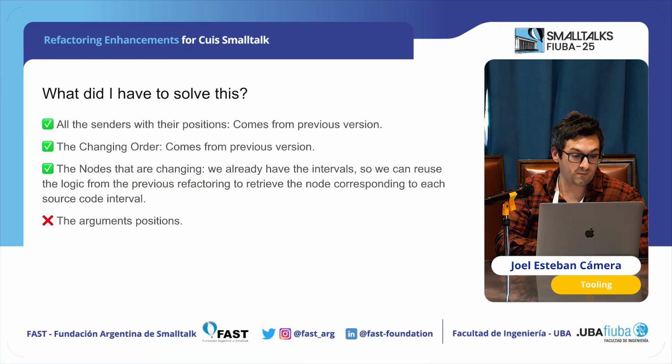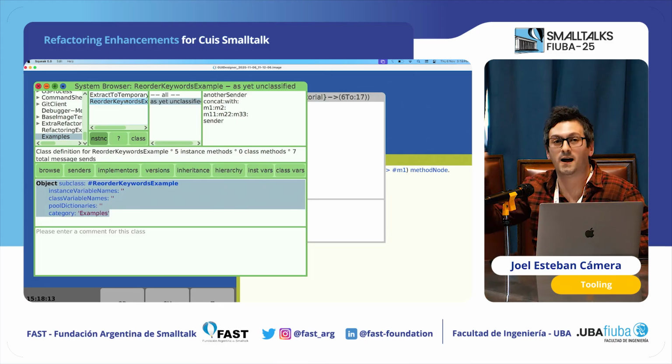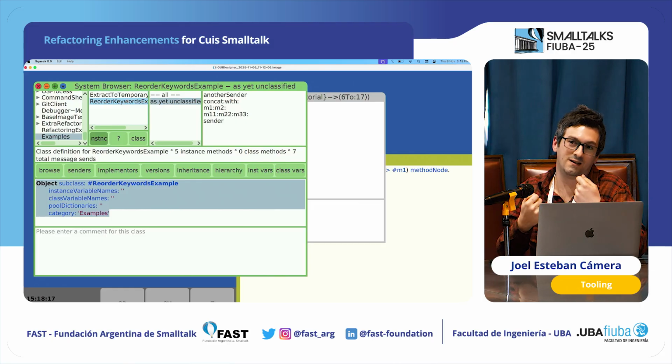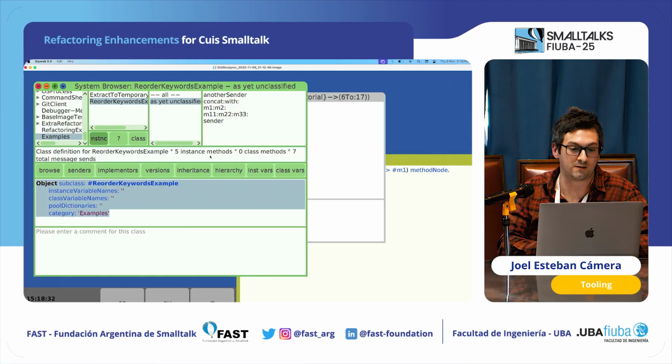So I did something similar to the extract temporary. I can get the node. I have the intervals of the keywords, so the ones that are in the middle are the arguments. So I took them, and it was easy to replace them because I have the change in order.